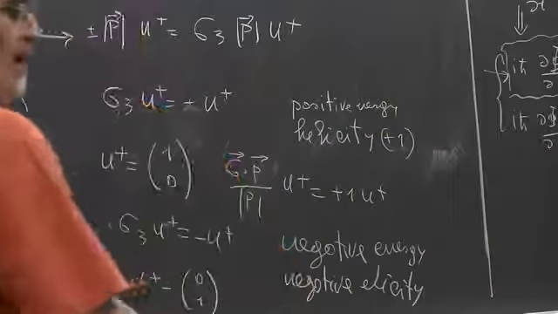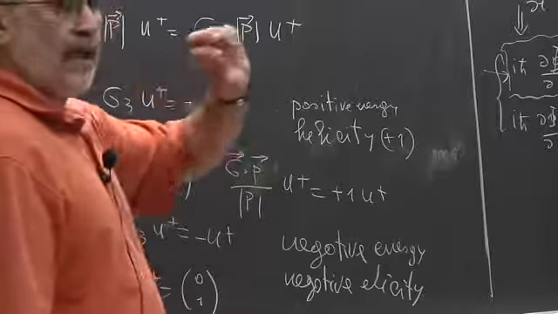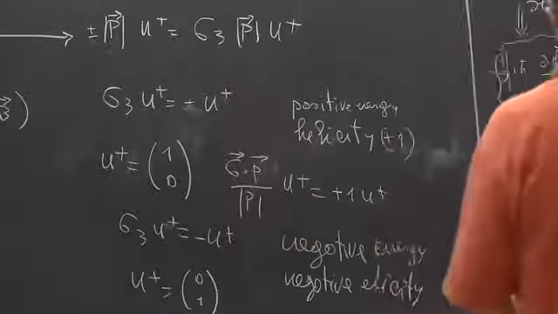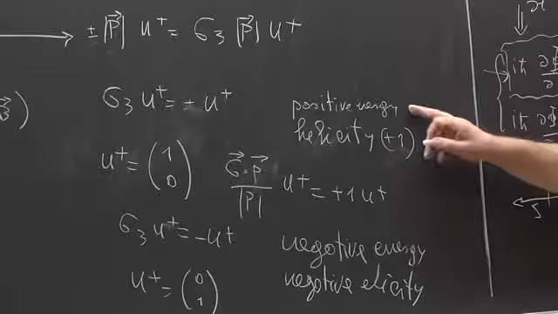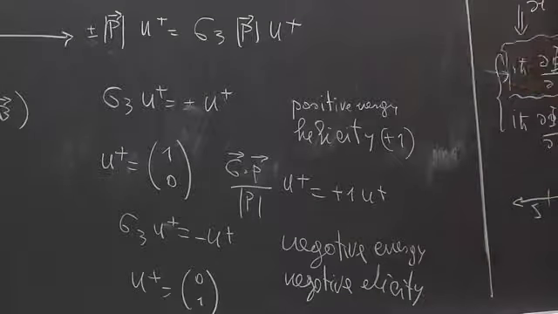Now, we don't have in nature any particle that satisfies this, because we have the neutrino, and the neutrino has negative helicity. That means the neutrino, if this is its momentum, its spin is always pointing in this direction. So the neutrino has negative helicity, but it has positive energy because it's a particle. So this psi plus cannot be a solution.